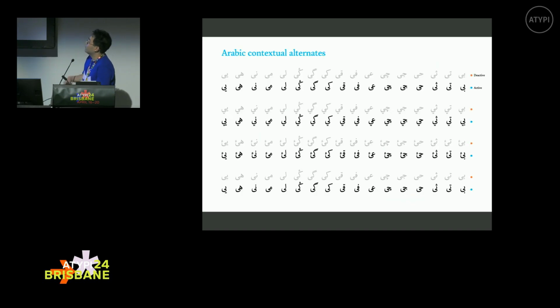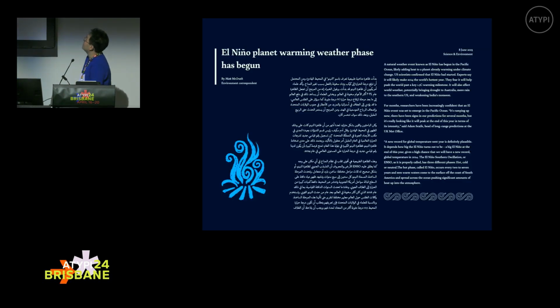Also, a very important thing is that they have contextual alternate features to make the texture smooth and beautiful. And this is the overall setting. Some of them are texts in Arabic because this typeface can work in Arabic, Persian, Kazakh, Urdu, Uyghur, and Kyrgyz.